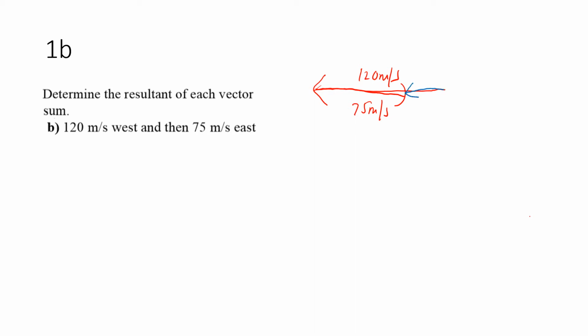The resultant is found by just subtracting the two, which gives me 45. So the resultant is just 45 meters per second west.